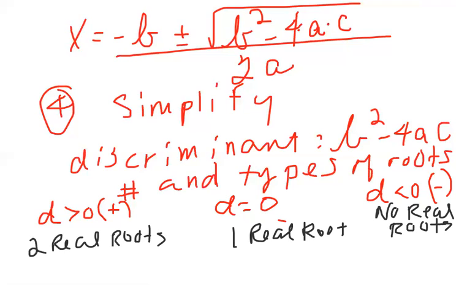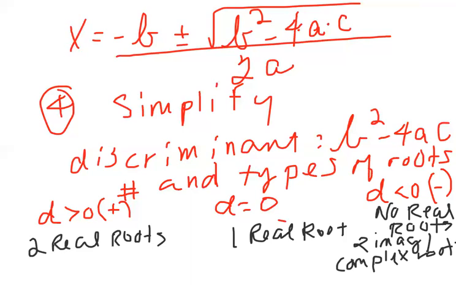Imaginary roots or complex roots. Ooh, I need to talk about imaginary numbers, guys. I haven't talked about imaginary numbers yet. Imaginary or complex roots. We got to talk about that. Imaginary numbers, okay?